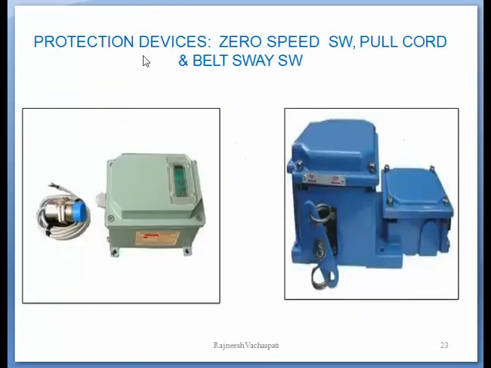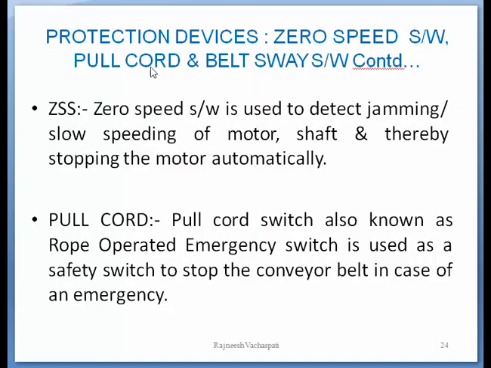There are various protection devices used in coal handling plant, and mainly they are zero speed switch, pull cord, and belt sway switch. Zero speed switch is used to detect jamming or slow speeding of motor shaft, and thereby it stops the motor automatically.